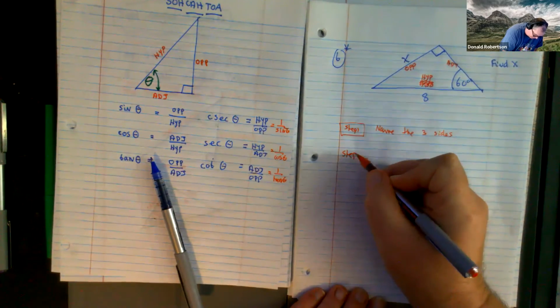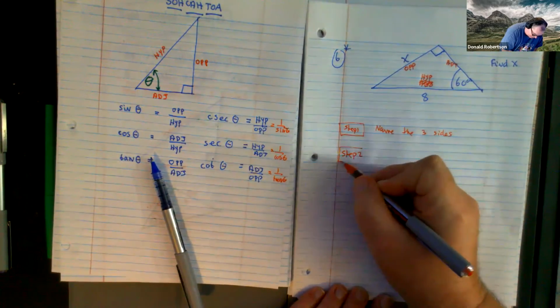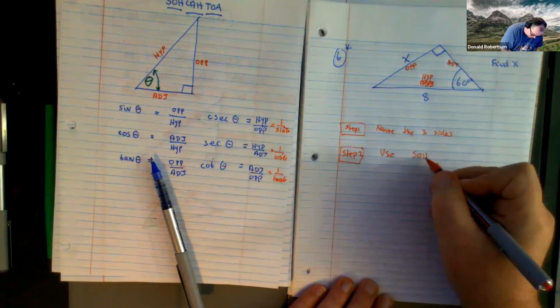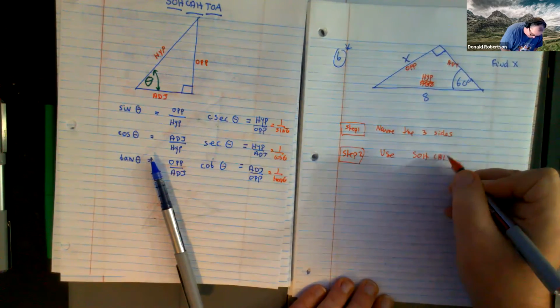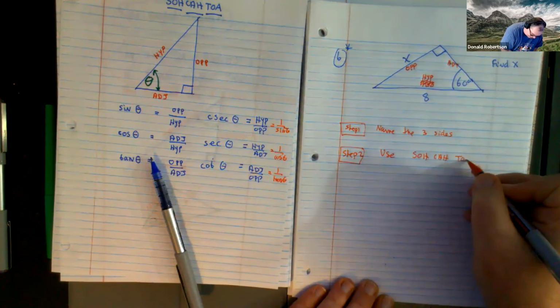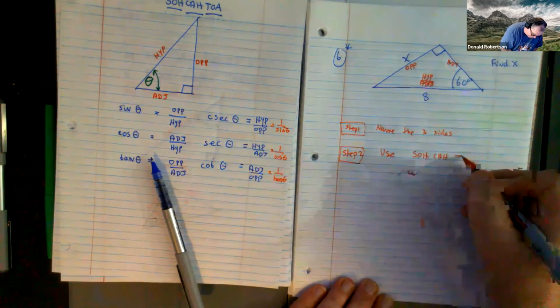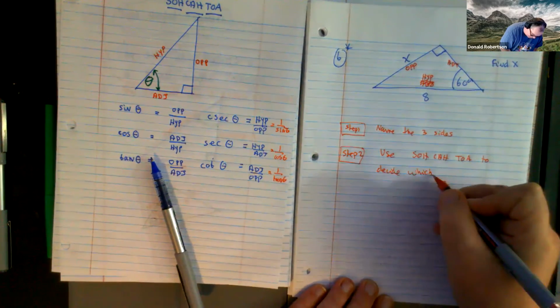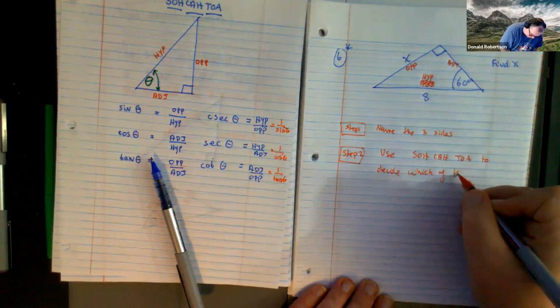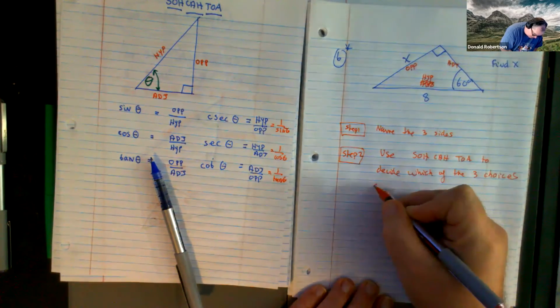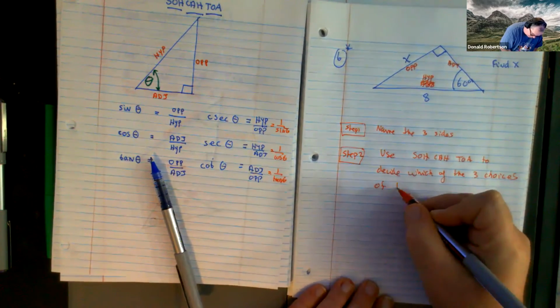Step 2. Use SOHCAHTOA to decide which of the 3 choices of trig ratios to use.